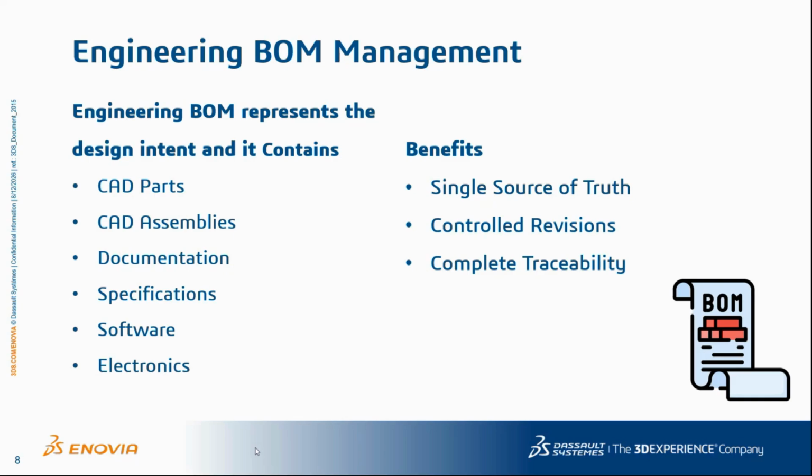In case it is going for a revision, is this revision linked to any change actions? What was the change action all about? All these sorts of traceability are completely achievable here. Unlike ERP bill of materials, your engineering bill of material captures everything required to define the product.